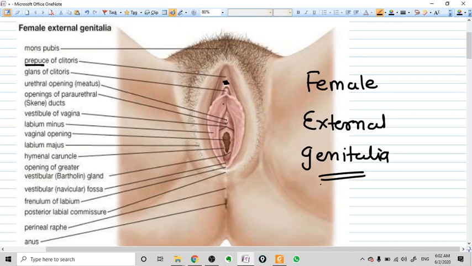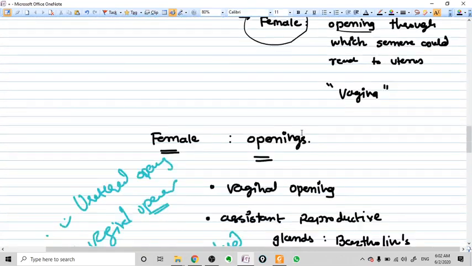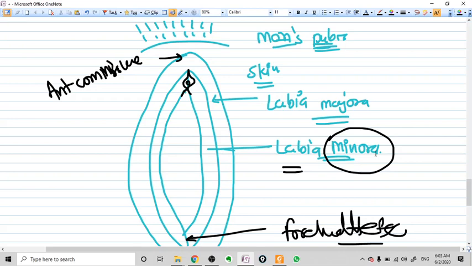And this is called the frenulum, this one. Also see here, this is a frenulum. Now you understand the anatomy of labia minora.